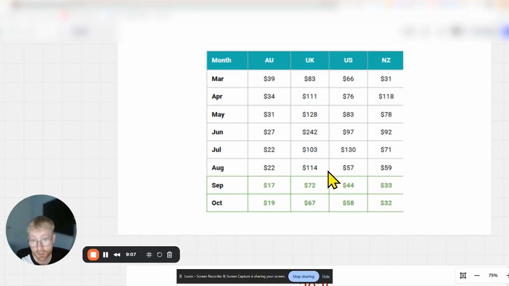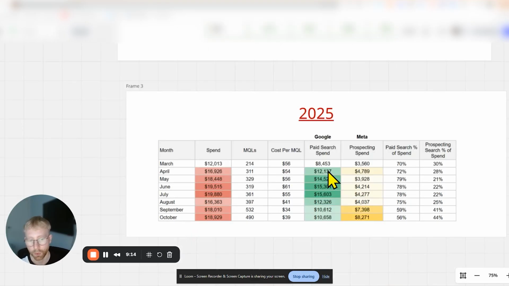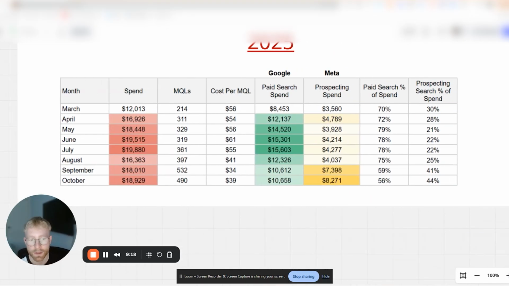We're looking at all the channels. And this is really important because when we zoom in and look at what this looks like in terms of absolute numbers, this is now looking at all regions, just to make it a little easier. So spend has stayed more or less the same, 18K, 19K. We're actually spending a bit more in June, July.